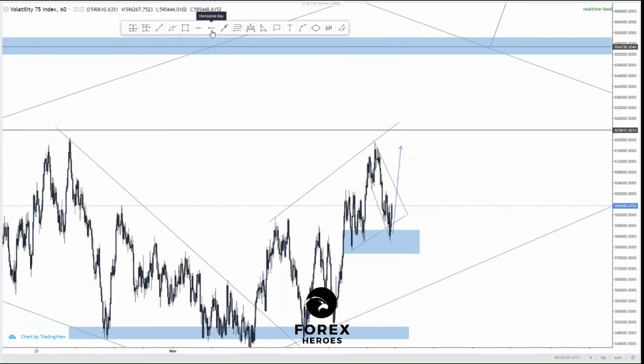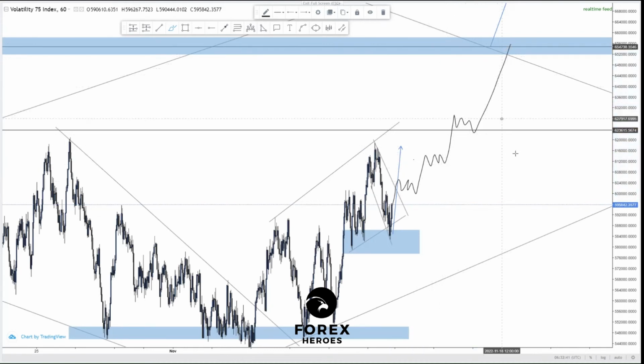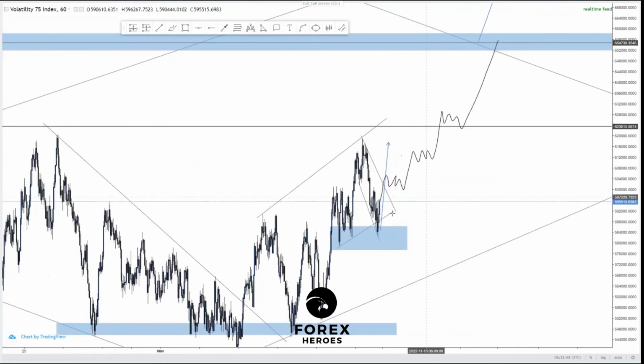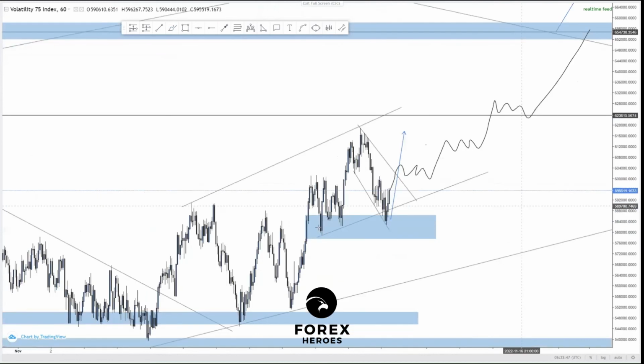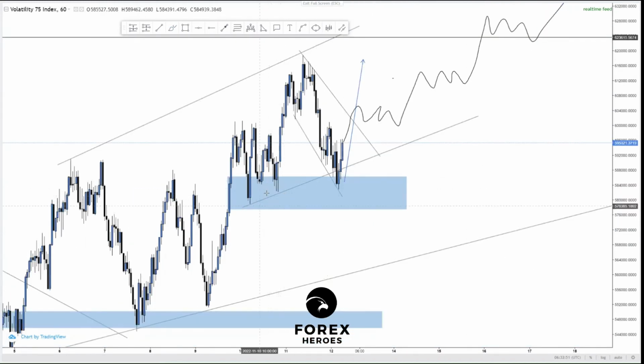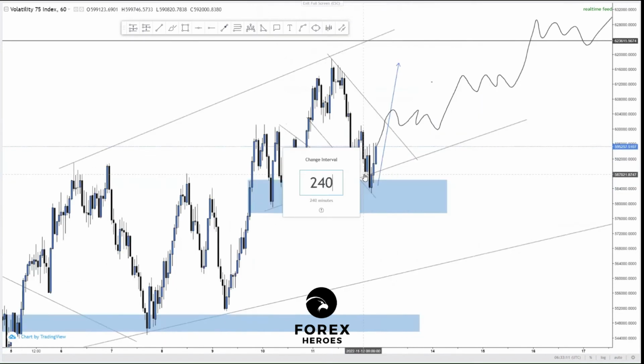You can see here we tested this, pushed up, and then came back to test this point here. So you can look at this as a double bottom.